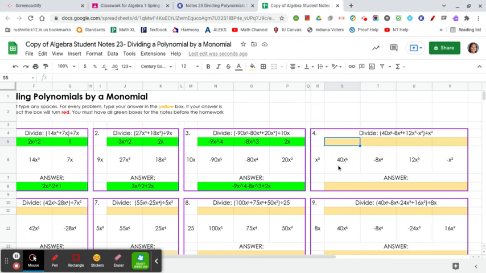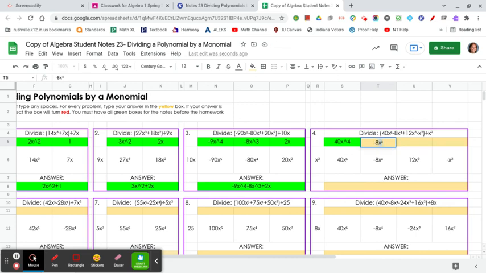All right, so on this next one, I have 40x to the sixth power, and I'm dividing it by x squared. Okay, so 40, there's technically a 1 in front, so 40 divided by 1 is 40. And then x to the sixth divided by x to the second, 6 minus 2 is going to give me x to the fourth power. Negative 8 divided by 1 is negative 8.